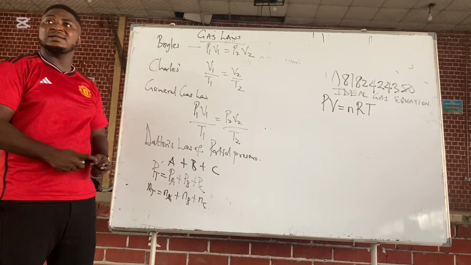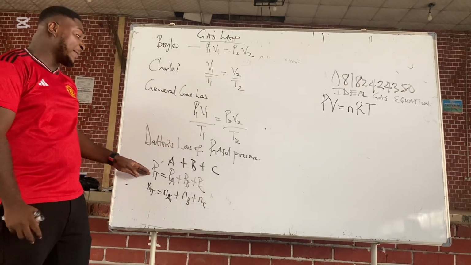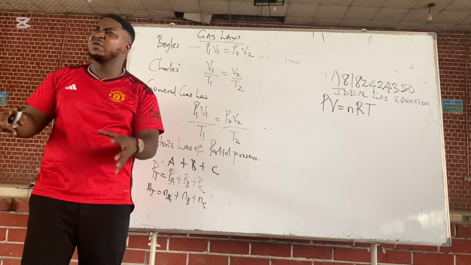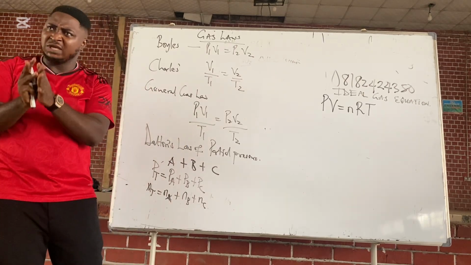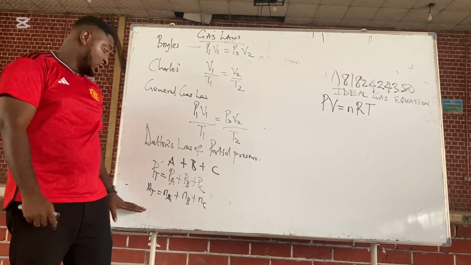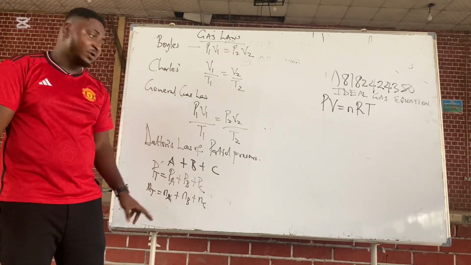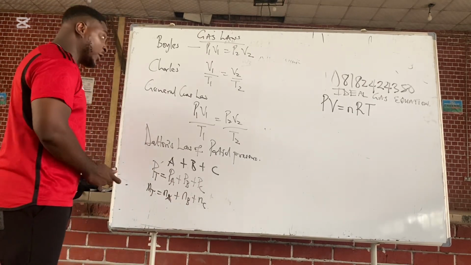So class, when there is a mixture of gases that do not react chemically together, total pressure exerted by the mixture is the sum of the partial pressure of the individual gases that make up the mixture. So I have the pressure of A plus pressure of B plus pressure of C. Now what is the relationship between pressure and number of moles?